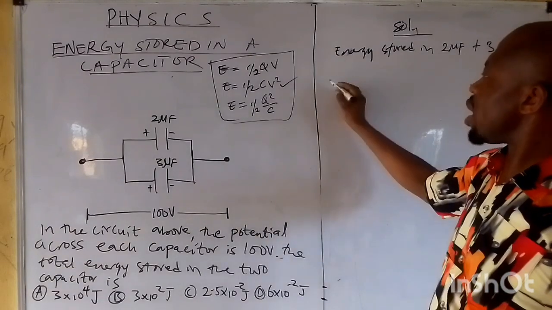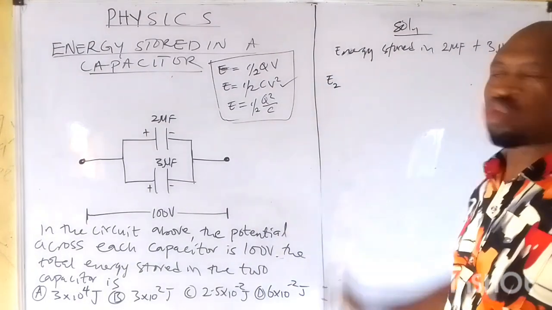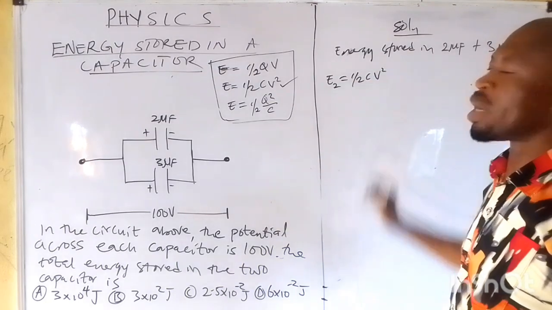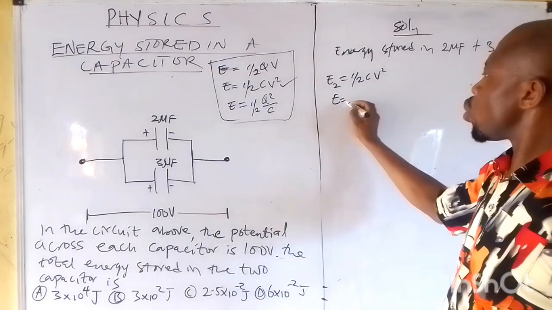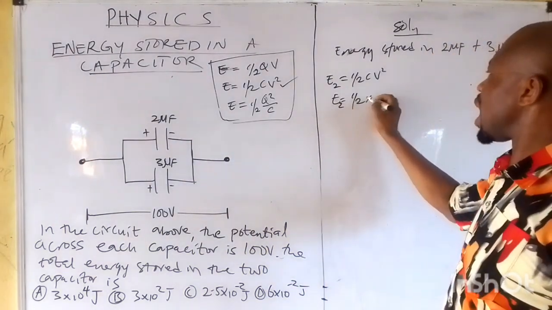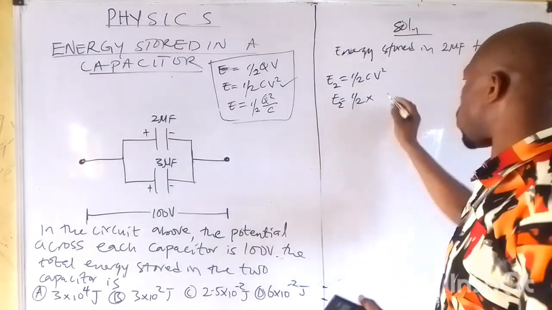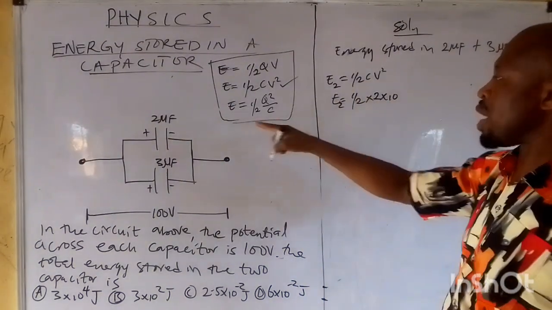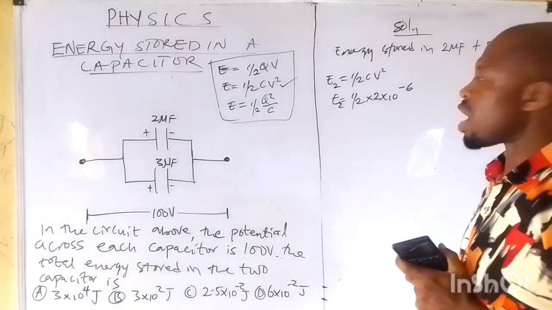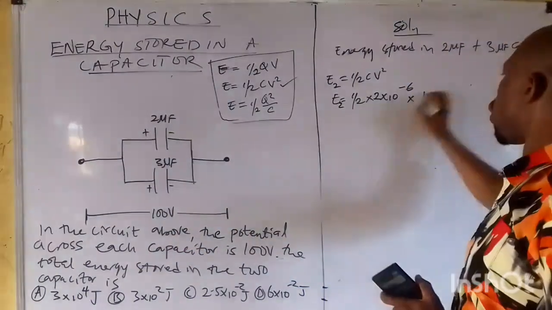We have energy stored in the 2 microfarad capacitor. We can say E2. E2 is half CV squared. E2, we are referring to this one, which will now give us half times the capacitance here is 2 times 10, remember it's microfarad, times 10 raised to the power minus 6 farad, times V. The V there is 100.